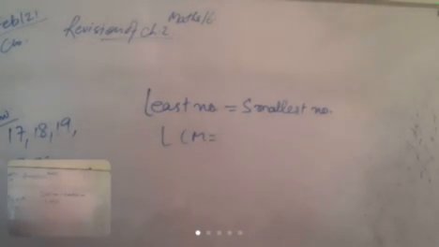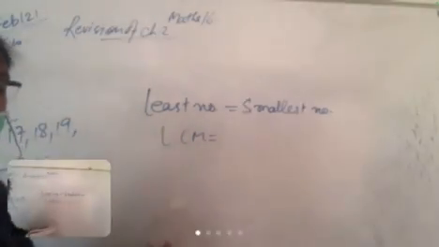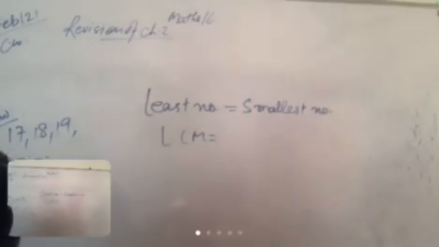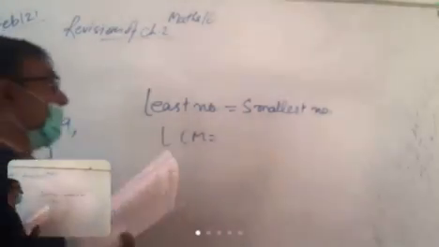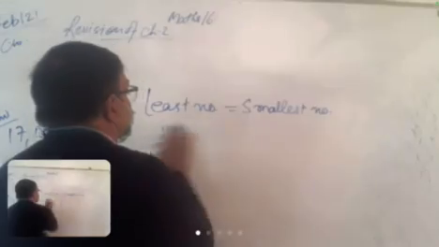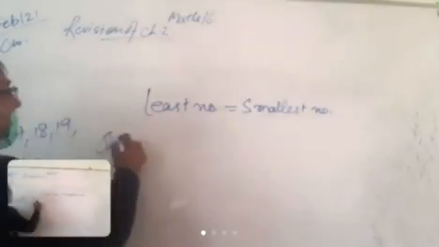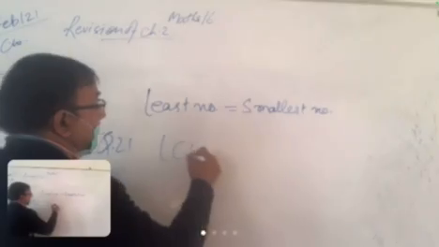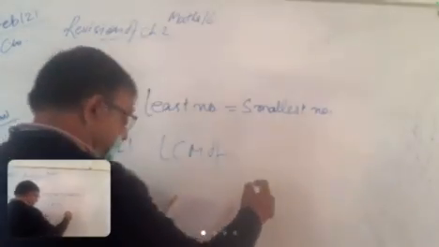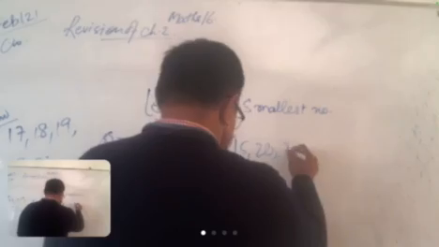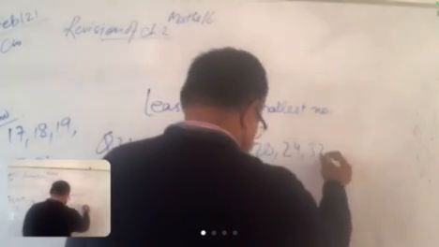We have to find the least common multiple of 15, 20, 24, 32, and 36. Now is it clear or not?